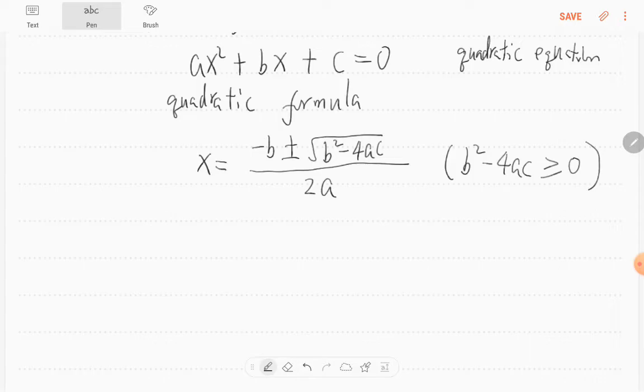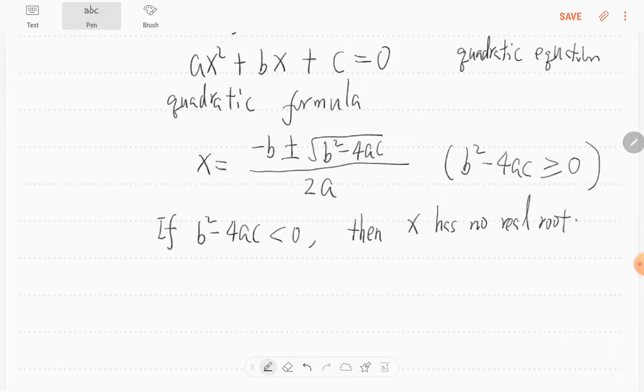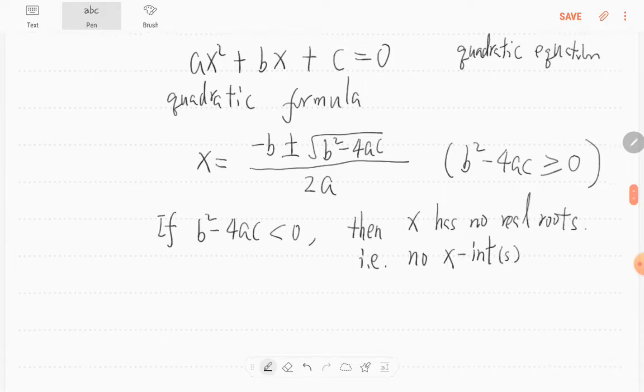So if b squared minus 4ac is less than 0, then x has no real roots. In other words, there is no x-intercept. Okay, there is no x-intercept.